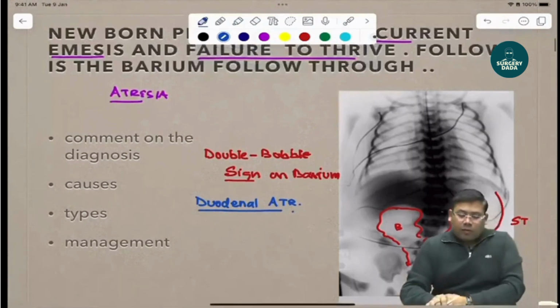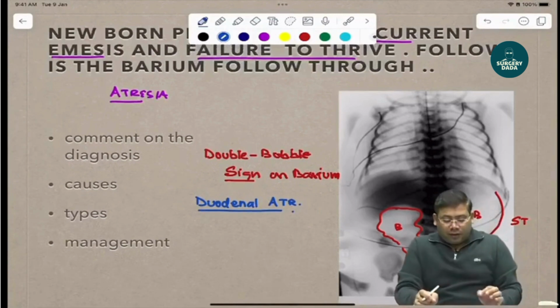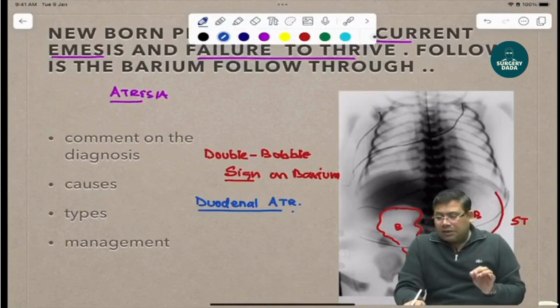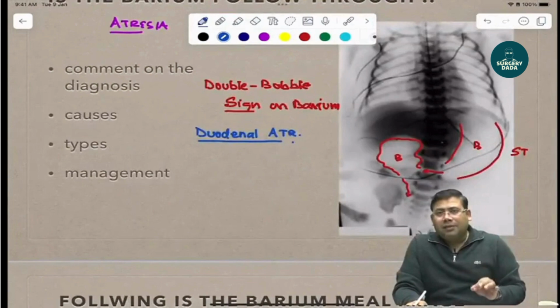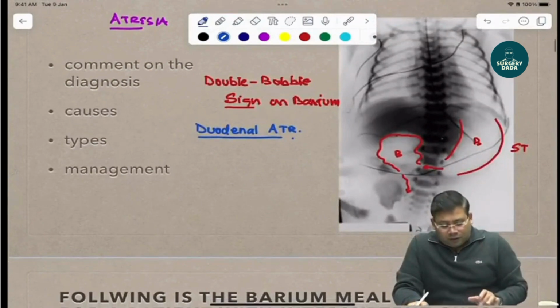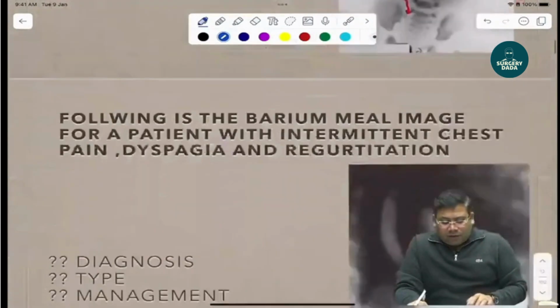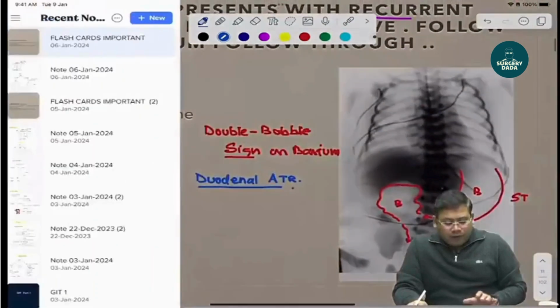This is important. So duodenal atresia, what are the causes, what are the types, what is the management? Let us understand. With this question, we have been able to diagnose it very smoothly.